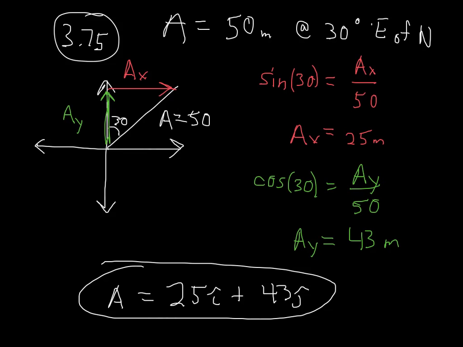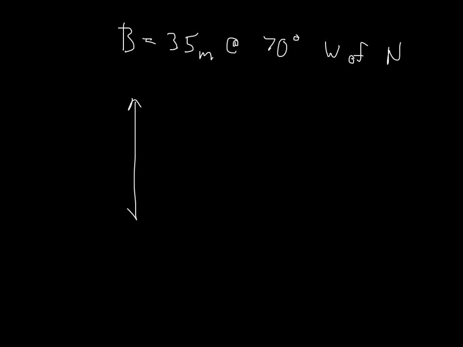I need to get a B vector too. So let's get the B vector. B is equal to 35 meters at 70 degrees west of north. Draw my coordinate system. Start off going north. I need to go west of north, so this is going to be my angle.